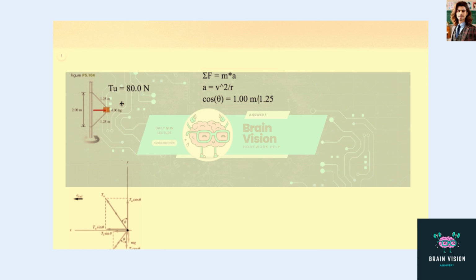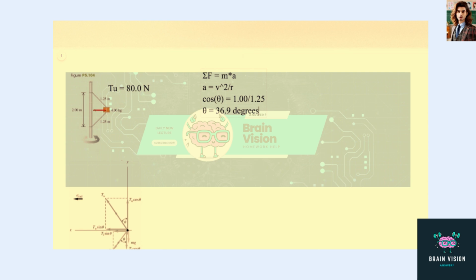So cosine theta is 1 over 1.25. When we take the arc cosine of both sides, we get that theta is equal to 36.9 degrees. So we now know that this angle here is 36.9 degrees.